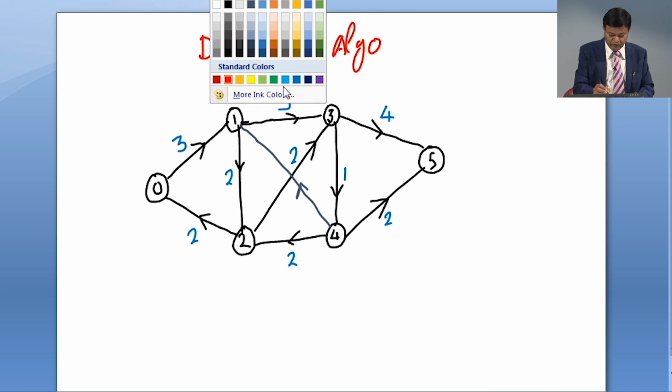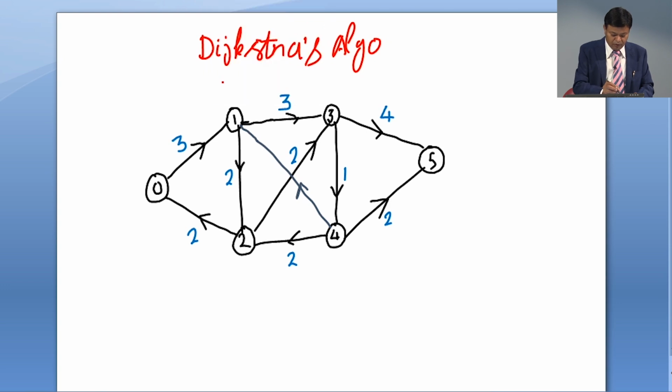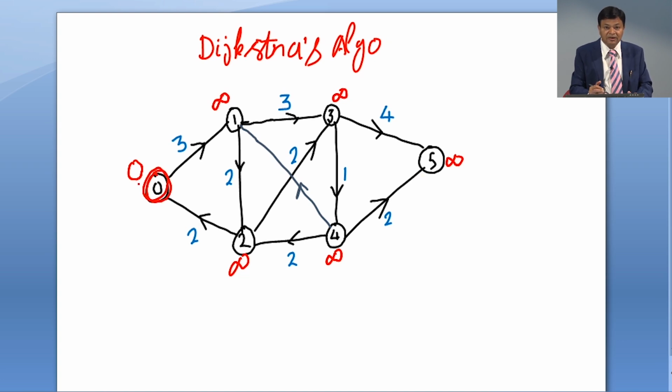So from 0 we will be implementing Dijkstra's algorithm on this graph. Let us start from 0. Since this is the source node, its distance from itself is 0. All other distances will be initialized to infinite. Then we'll select the source node and see what all nodes are directly connected to it. The first node directly connected to 0 is 1, and the distance from 0 to 1 is 3.